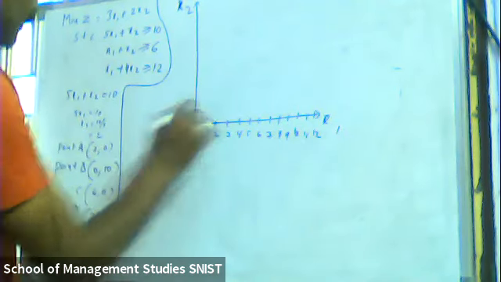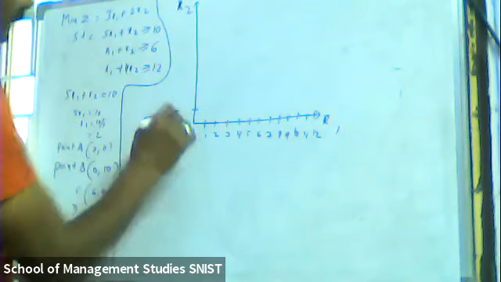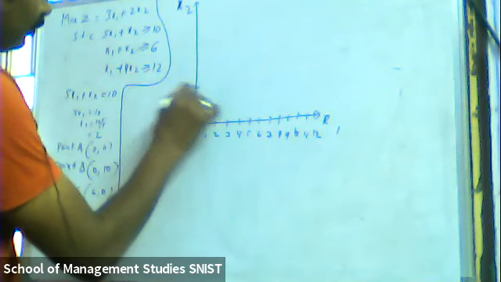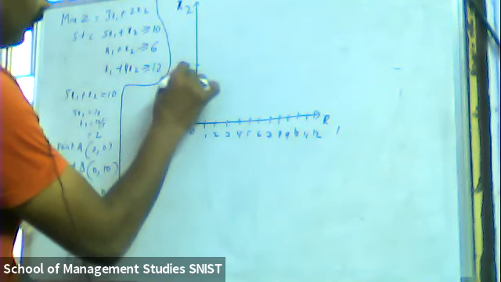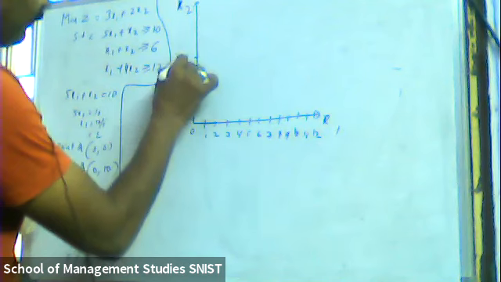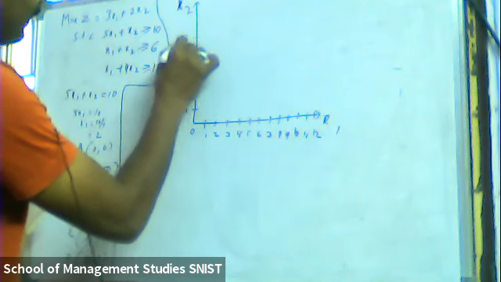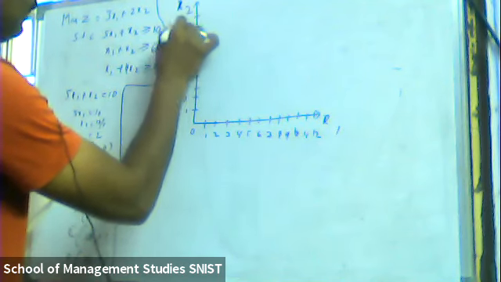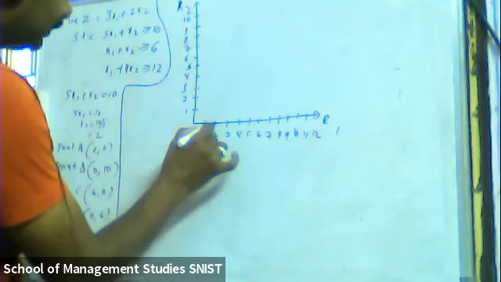On x2 we have 10, so I'm taking 1, 2, 3, 4, 5, 6, 7, 8, 9, 10. Okay, so A is (2, 0), so this is A, and B point which is 10.